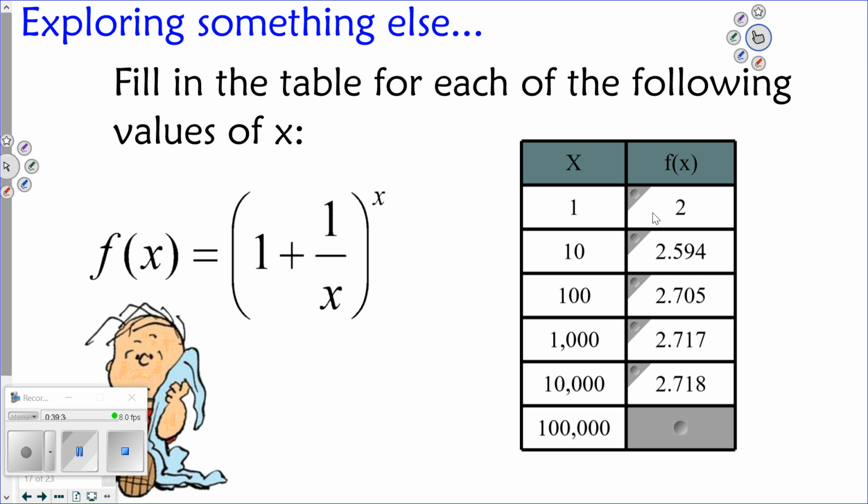What if I put in 100,000? 2.718 again. But the number really doesn't get bigger though, right? It's still 2 point something. So what the heck did we just find?